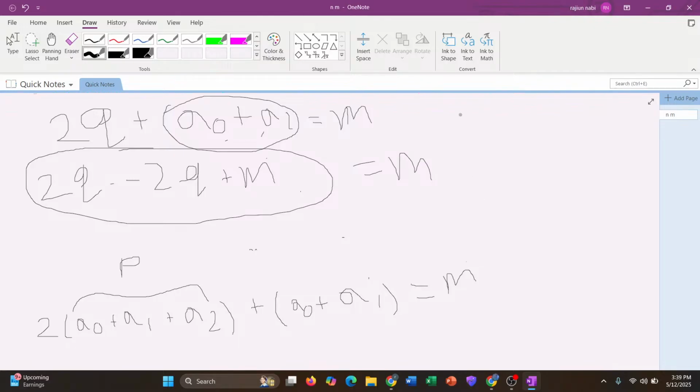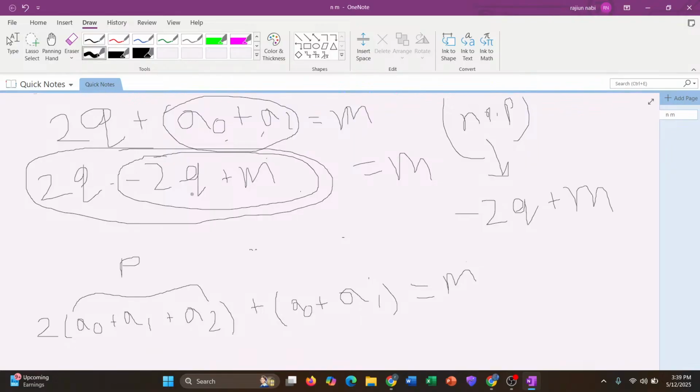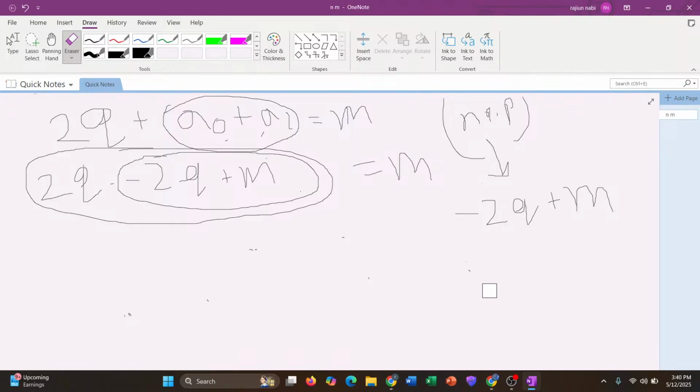So the first n remainder p elements have to be equal to this, minus 2q plus m. Then the first element has to be m.